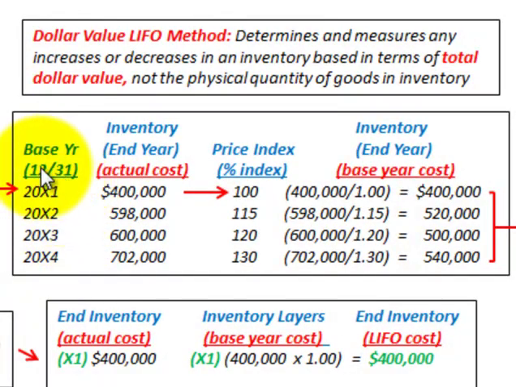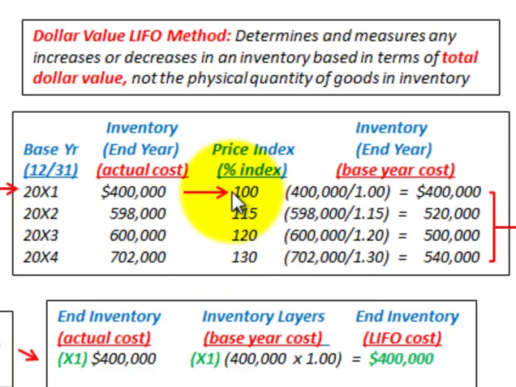We're going to have 4 years, years 20x1 through 20x4, and we have an actual cost for each one of our years, and then we have this price index. This is what we're going to be using for our conversion. For 20x1, it starts out at 100%, and going up to 20x4, we move up to 130%.